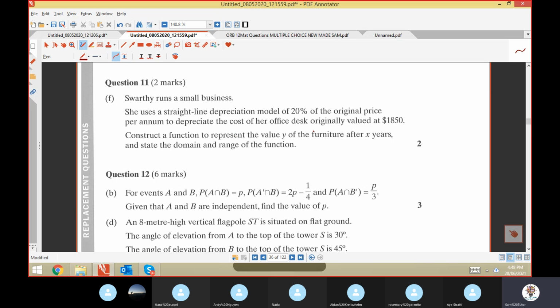Construct a function to represent the value Y of the furniture after X years and state the domain and range of this function. All right, again, I'll give you guys a few minutes to maybe interpret those words. Good news is it does tell you it's a straight line depreciation. That means you should be thinking of this. And it depreciates, that's going to be my clue.